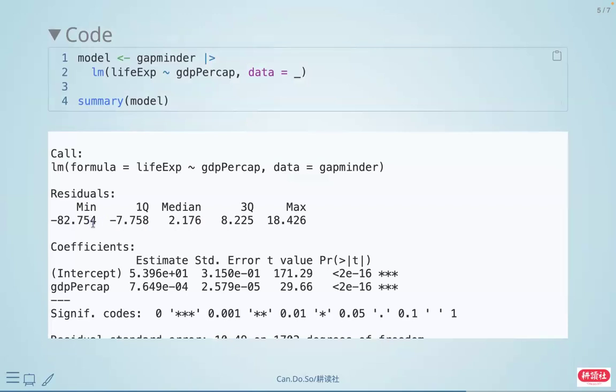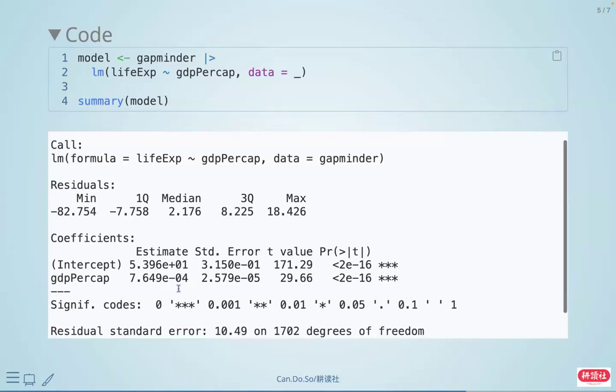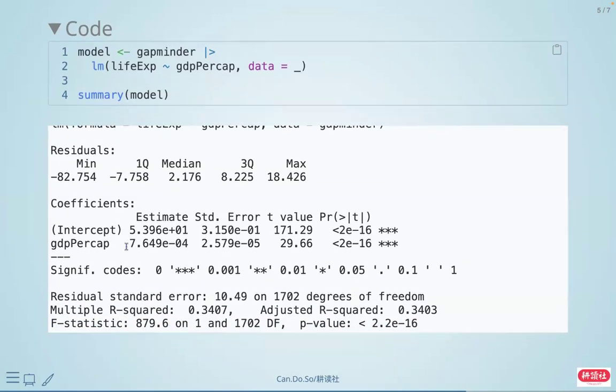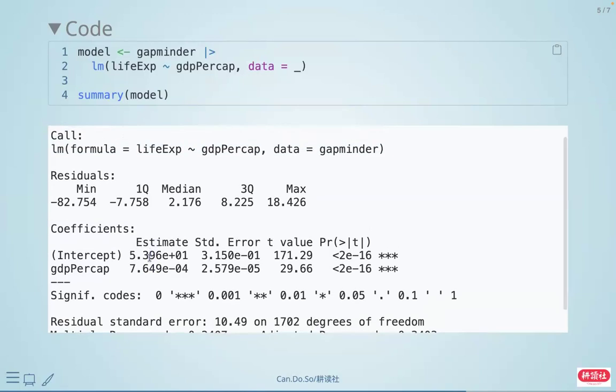Here we can see that GDP per capita's coefficient is 7.649 times 10 to the power of minus 4. It looks a little small, but don't forget the GDP per capita is in units of $1, which means for every $1 increase the life expectancy will increase by this amount.